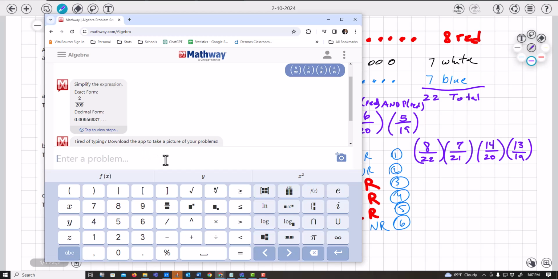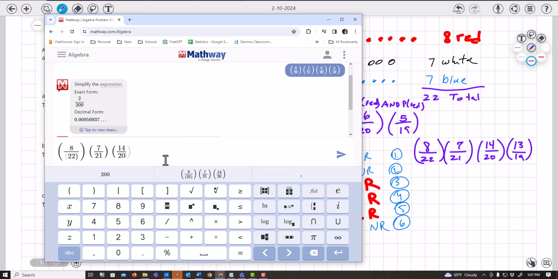You could take these probabilities, 8 over 22, and then times 7 over 21, and then times 14 over 20, and then times 13 over 19.